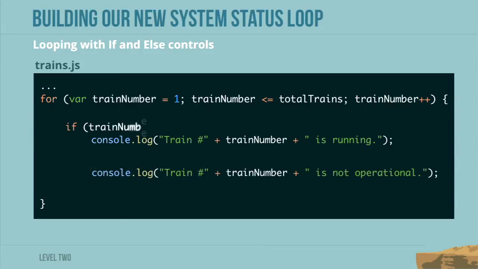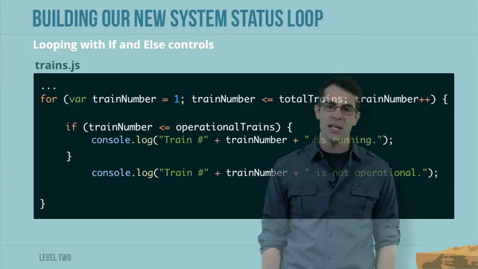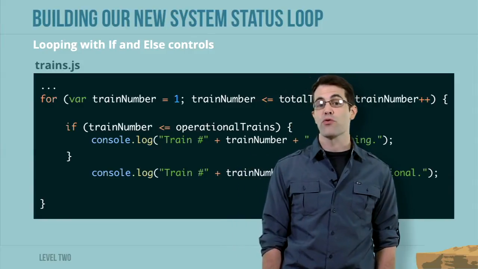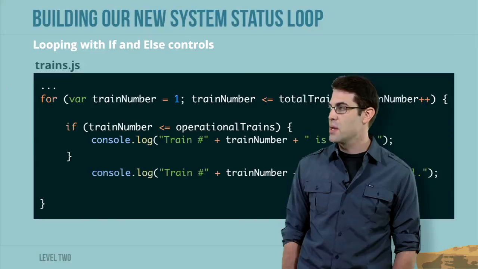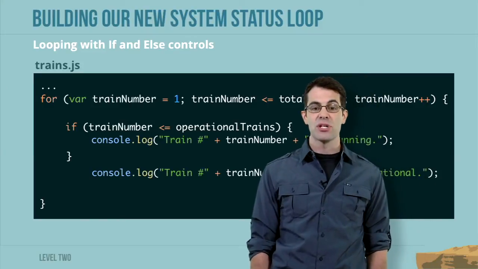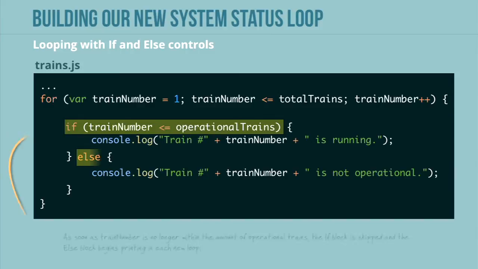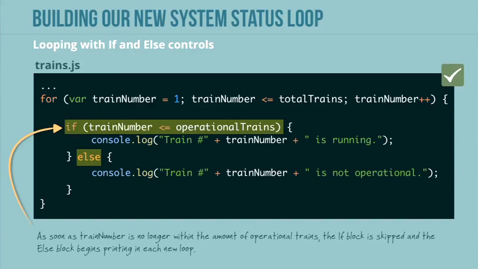So we know that if the train number is less than or equal to the operational trains, that means that it's a running train, because we know that all operational trains are numbered from 1 moving forward. Therefore, we can print out that that particular train number is operating. Next, we know that if train number was not less than or equal to the operational trains, it must be greater than the operational trains and therefore a non-running train. So we would print out that it was not operational.